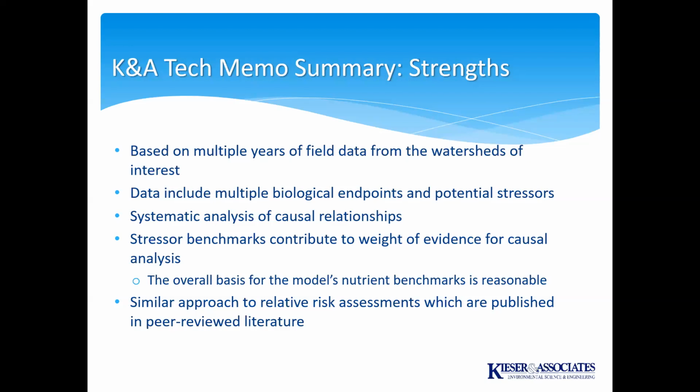And as I looked at the range of nutrient thresholds or benchmarks that are identified, these are in a range that I'm familiar with, in particular with the work from the NSAC committee, where we looked at field data as well as reference information or information from reference streams.